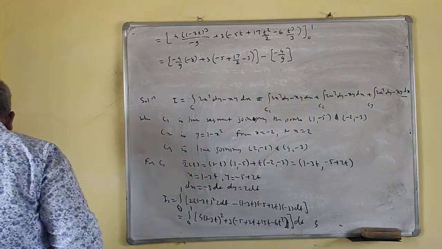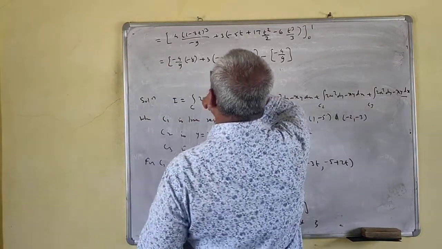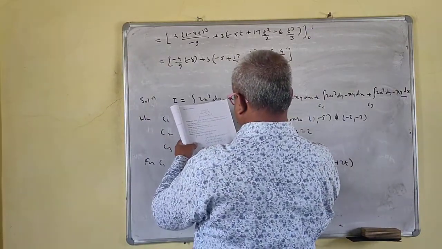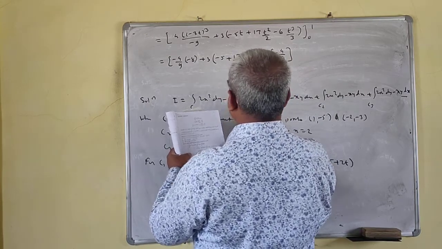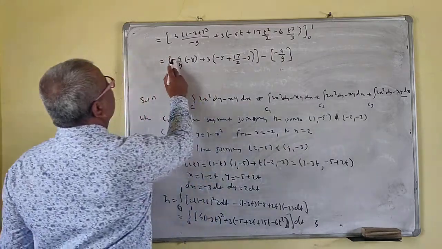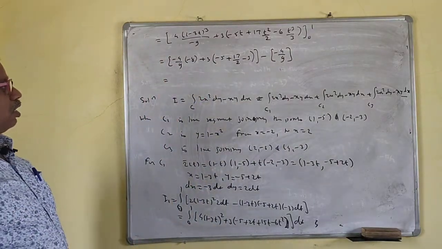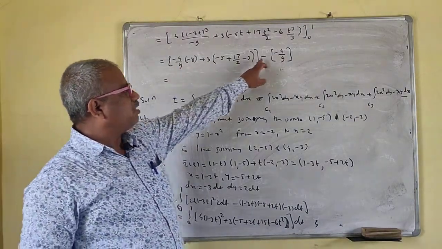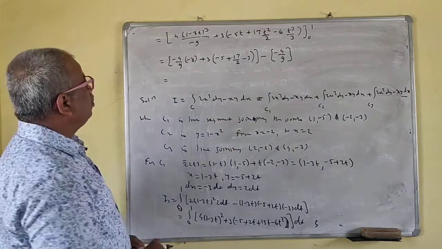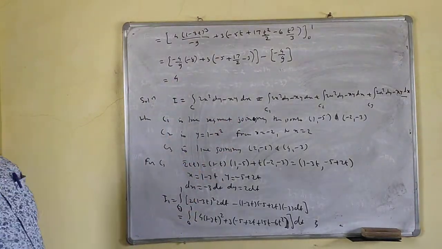Okay, so if you simplify this, you will see here minus 32, this is plus 32. Again 32 is 36, so this will be the 4 now. There is no 9 by 2, this is 4.